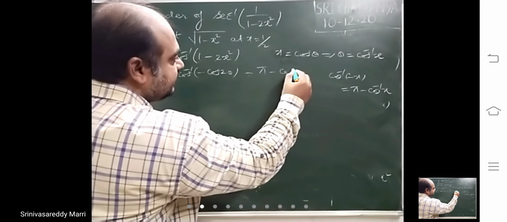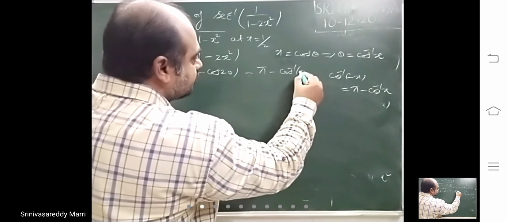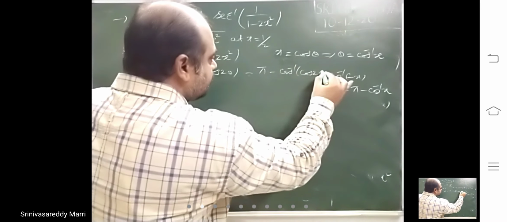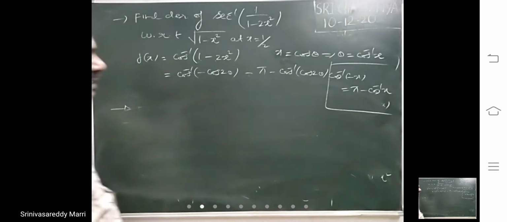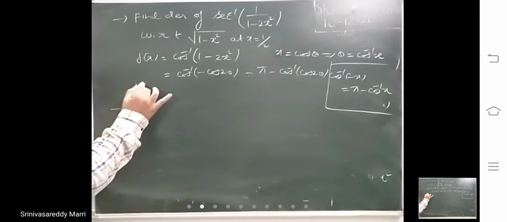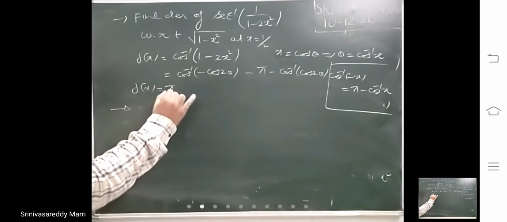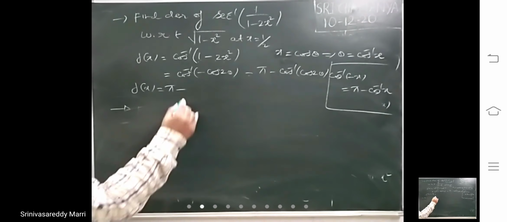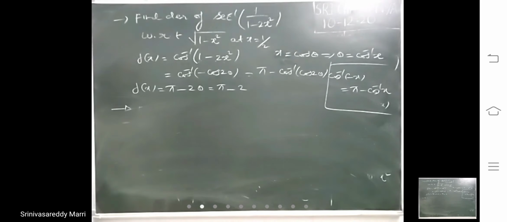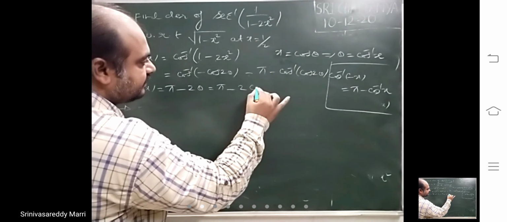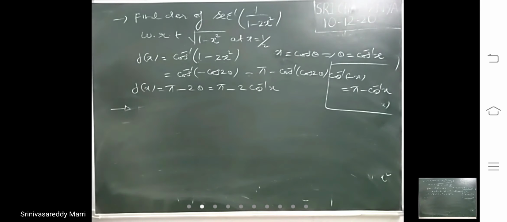So, taking the minus out, cos inverse of cos 2 theta. Cos inverse cos x means what? X. So the simplified version is 2 theta. Theta is nothing but cos inverse x. So that means pi minus 2 cos inverse x.